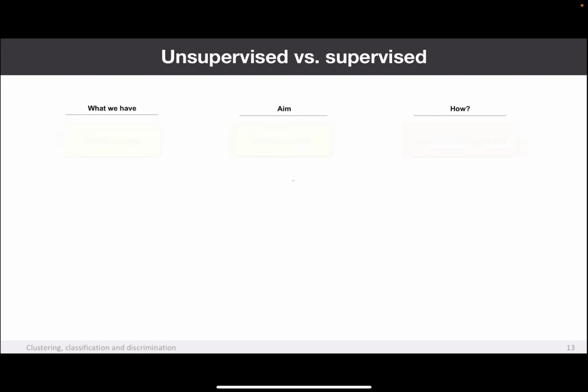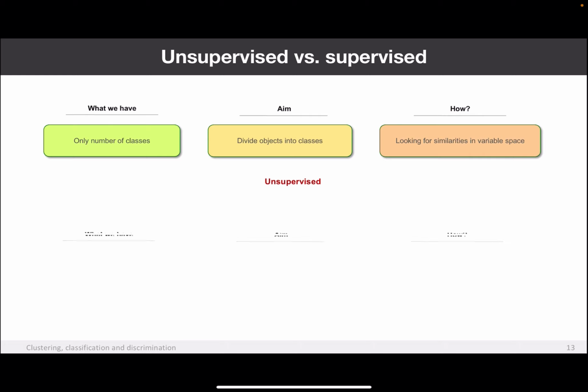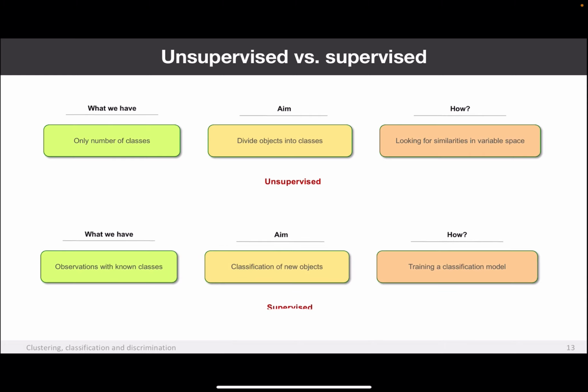And then sometimes, however, you have a training set. What do I mean by that? You have measurements from different classes, right? For example, you know that these are spectra from apples and these are spectra from pears, and then you can classify an apple or a pear by measuring another spectrum, right?